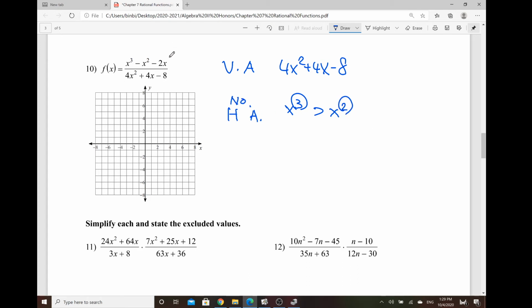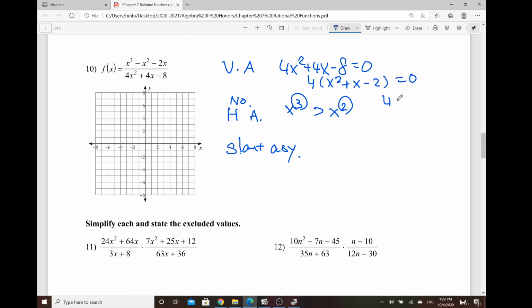But we can always perform long division to find the slant asymptote. The slant asymptote is something new. If there's no horizontal asymptote, that means there's a slant asymptote. Okay, so we'll look at that. Set the denominator equals 0 first. Take out 4, so we have x squared plus x minus 2 equals 0.